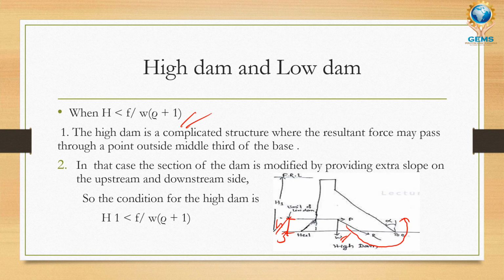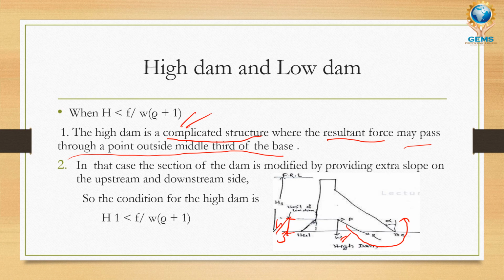In the first point you can understand what it explains: a high dam is a complicated structure where the resultant force may pass through a point outside the middle third of the base. This is the same thing I explained right now. If the W acts about h by 3, it is considered a low dam.